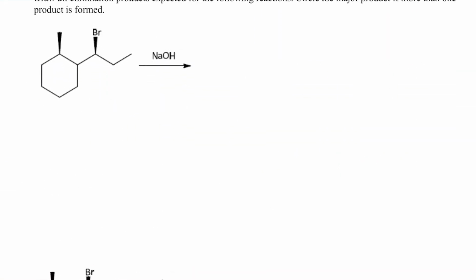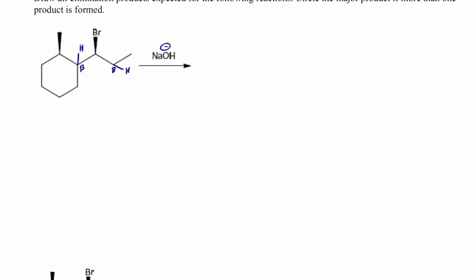Okay, so let's draw all of our elimination products expected. Circle the major products if more than one product is formed. Okay. So what I want to do is I want to identify my beta carbons. Right now I can see that I could have 2 different products. So I'll draw in my H's.